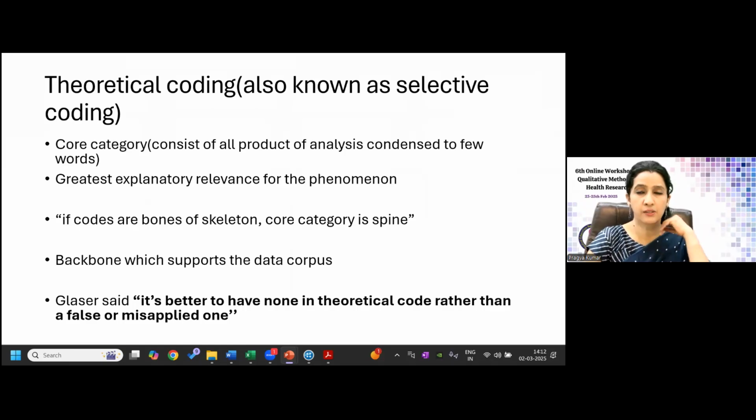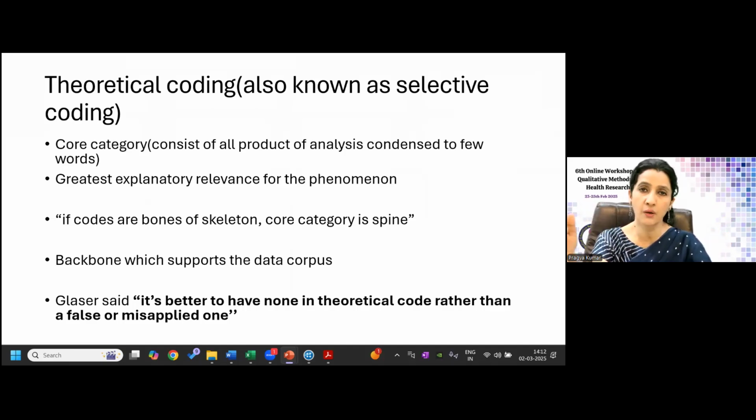But again, it is not always easy to find a core category, one code that will explain each and everything. Glaser has said many times that you should not be under pressure to come up with one theme. In grounded theory, generally you come up with one prominent theme or theory.